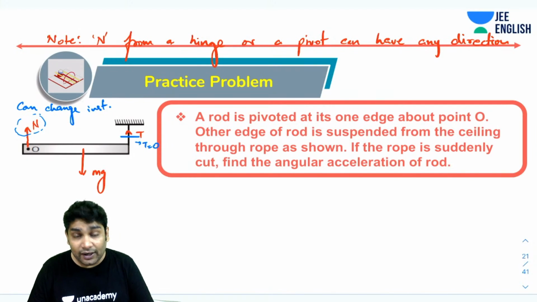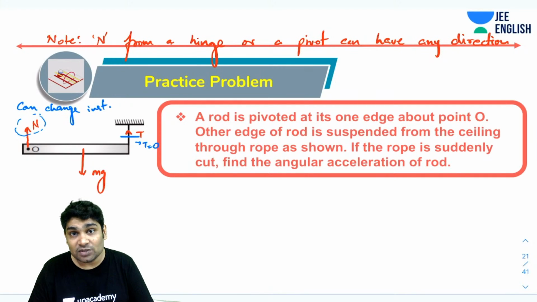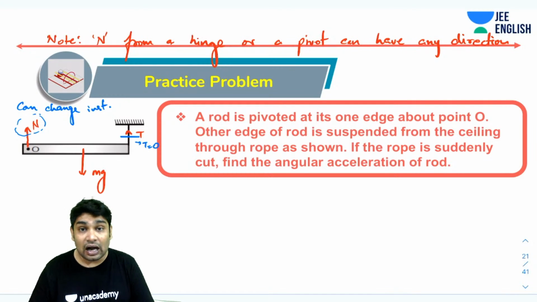So the point is, I don't know what the new value of N becomes after I cut the string. I know that the tension in the string becomes zero. However, I'm not sure whether the value of N remains the same as it was before I cut the string, or it has changed. Or if it has changed, how much it has become.